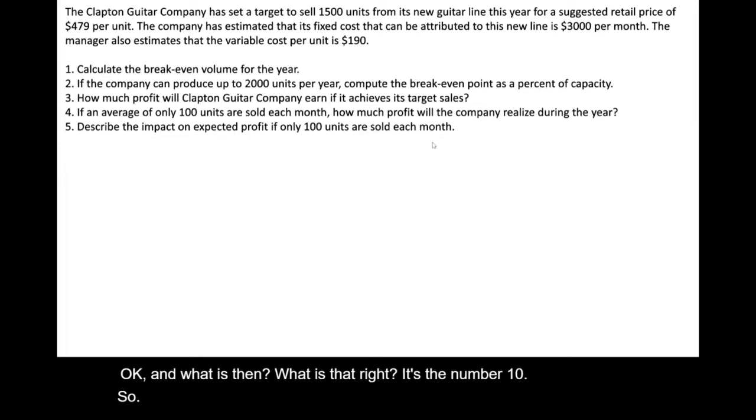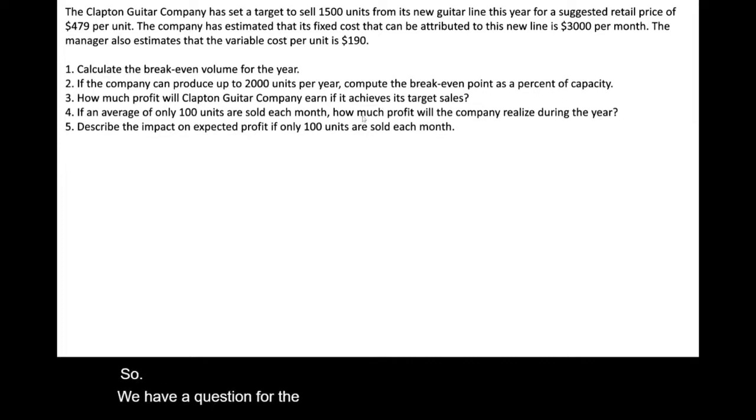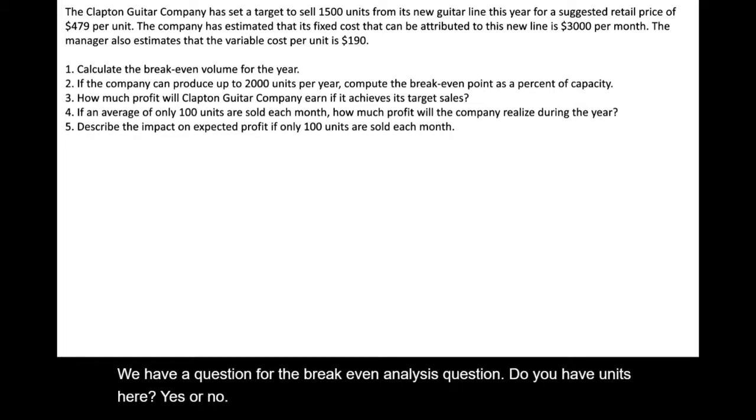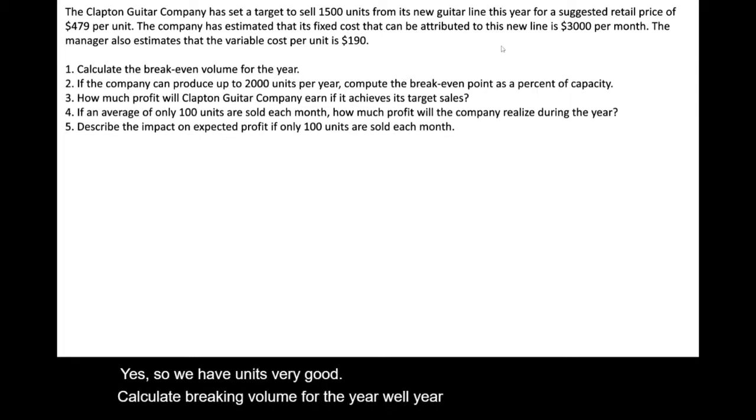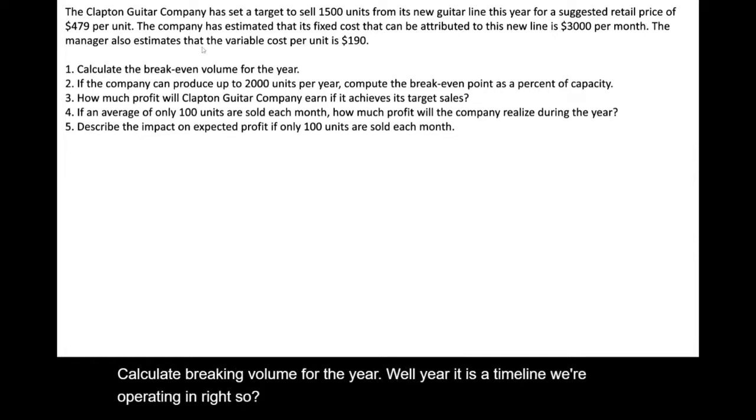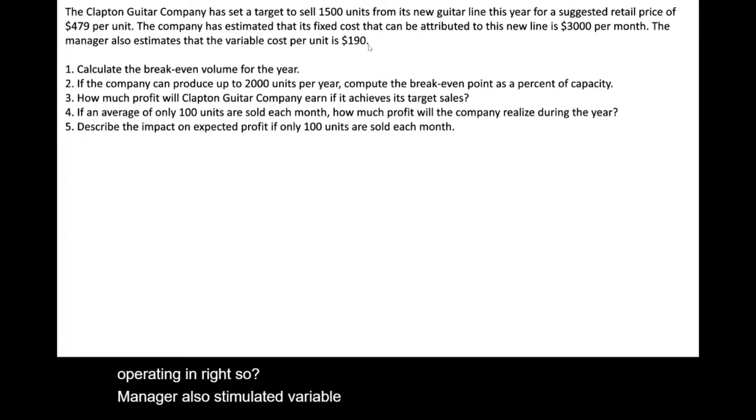So we have a question for the break-even analysis. Question: do you have units here? Yes or no? Yes. So we have units. Very good. Calculate the break-even volume for the year. Well, year is the timeline we're operating in, right? The manager also estimated that variable cost per unit is 190.